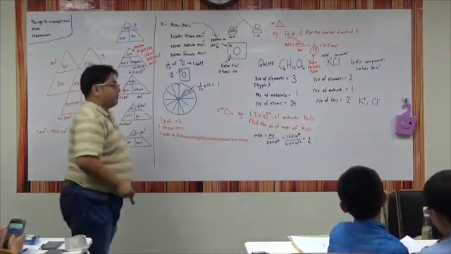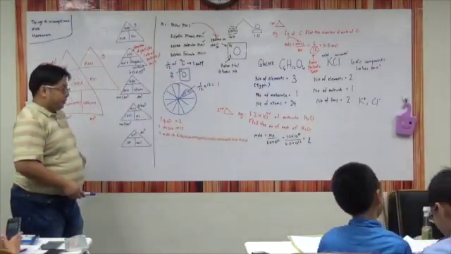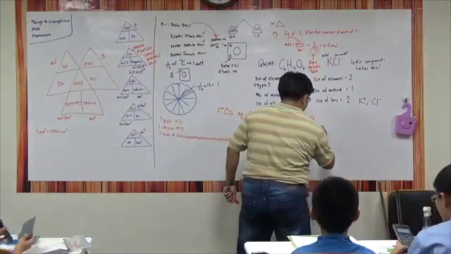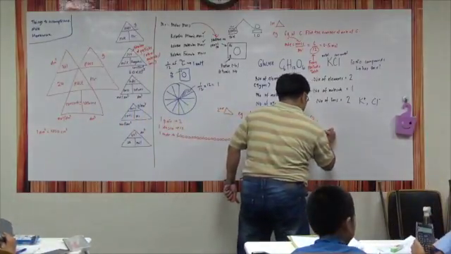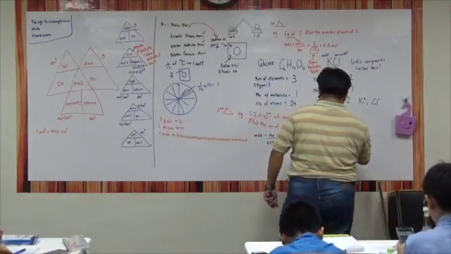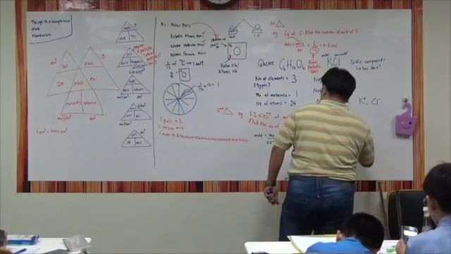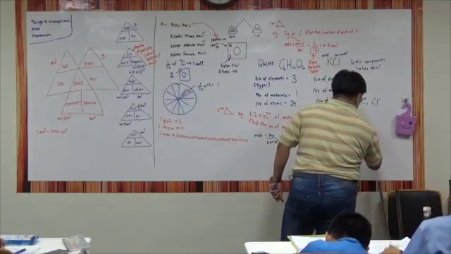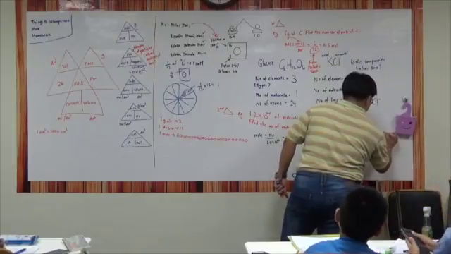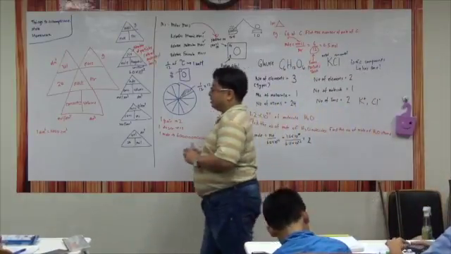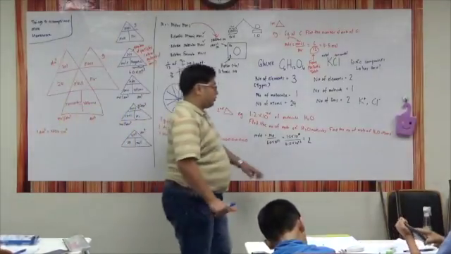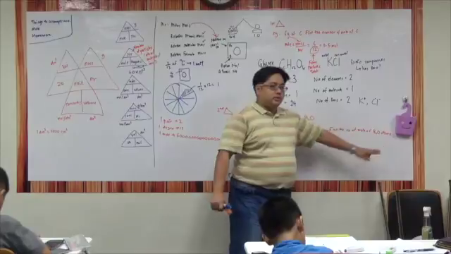Okay, so this is actually talking about water molecules. What happens if they were to ask, find the number of moles of H2O atoms? What is the number of moles of water atoms?